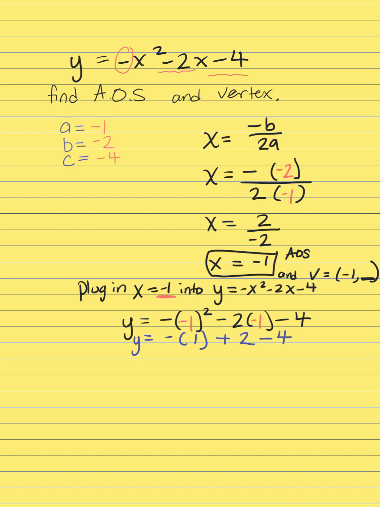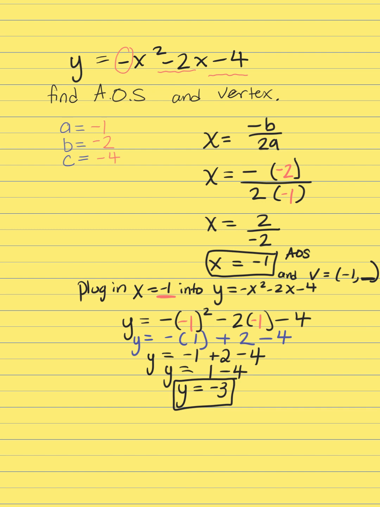Okay, now this -1 right here, -1 times 1 is -1. Plus 2 minus 4. Now we go in order from left to right. -1 plus 1, that's 1. Minus 4. 1 minus 4 is -3.